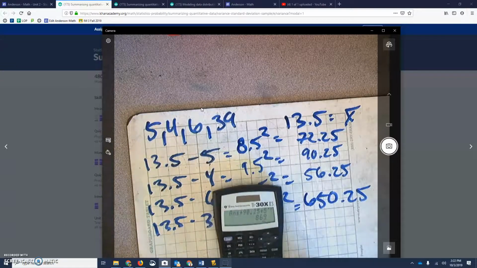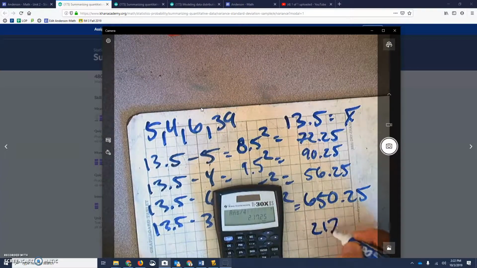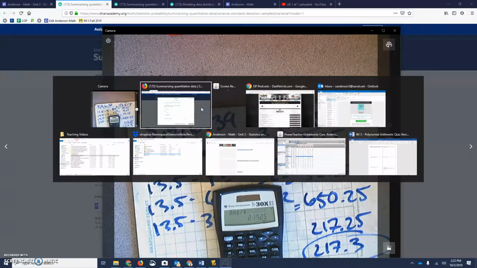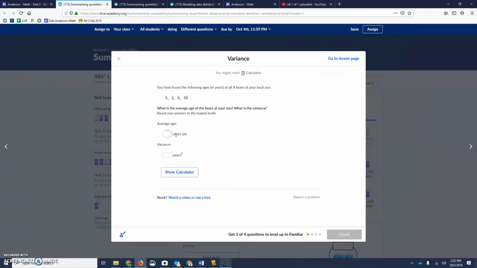So 869 divided by 4, 217.25. And I assume we're rounding to the nearest tenth, which means if that's the case, it would be 217.3, and our average is 13.5. Let's see how they want it, to the nearest tenth. So 13.5 is right, and variance is 217.3.